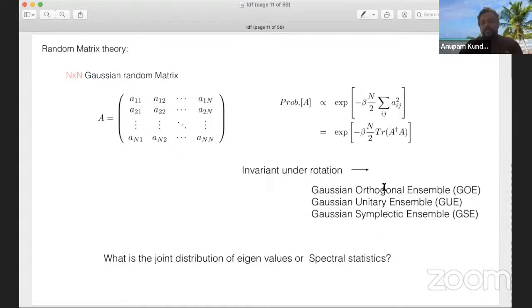If this is invariant under orthogonal transformations, it's called the Gaussian orthogonal ensemble. If it is invariant under unitary transformations, then this is called the Gaussian unitary ensemble, and similarly, if it is invariant under symplectic transformations, then it's called the Gaussian symplectic ensemble. So you can choose matrices from these ensembles and ask what is the joint distribution of eigenvalues, or the spectral statistics.